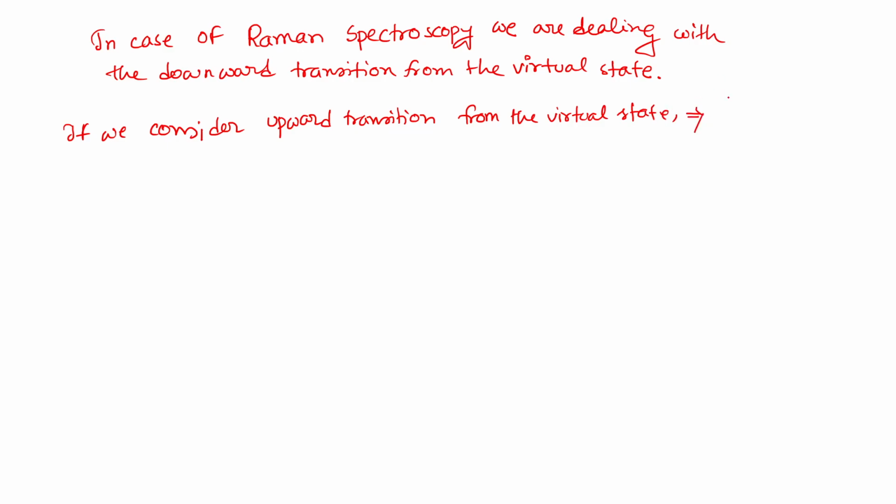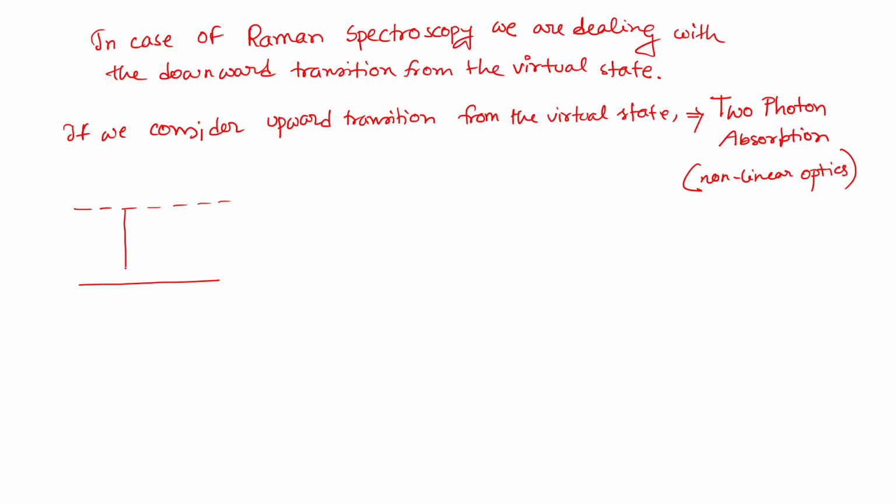it will lead to the concept of two photon absorption, where nonlinear optics is involved. What I'm trying to tell you is that suppose this is a state from which we first go to a new virtual state, and then, instead of coming back, you give it another photon, meaning the repetition rate of the laser has to be very high.